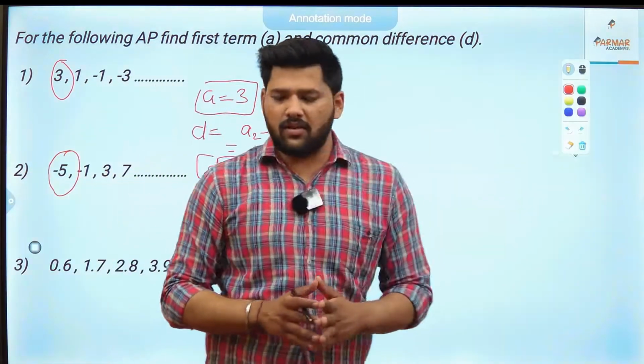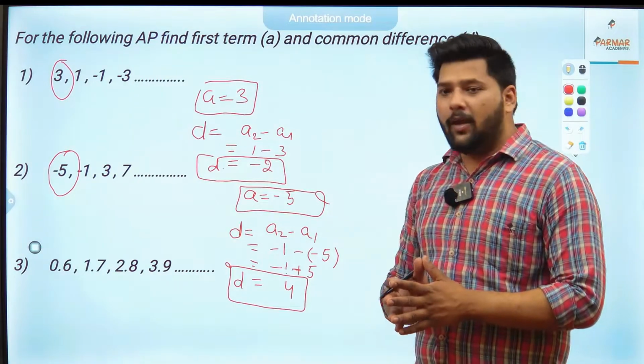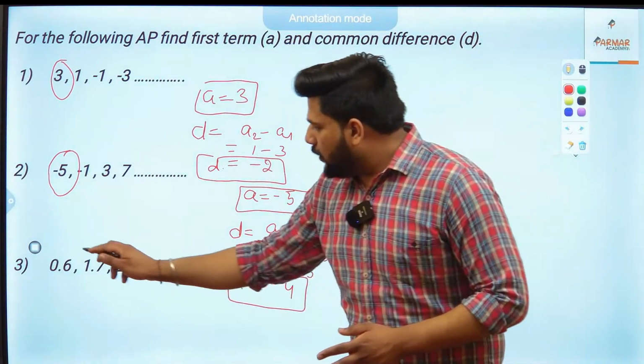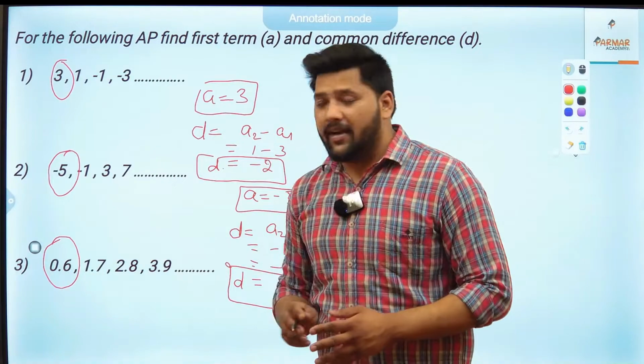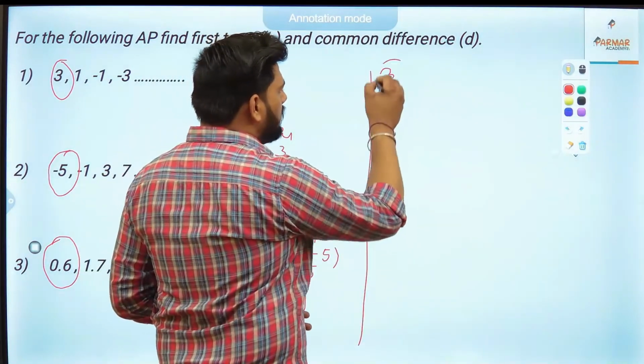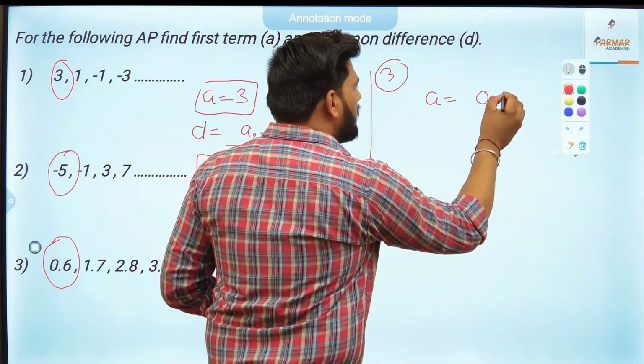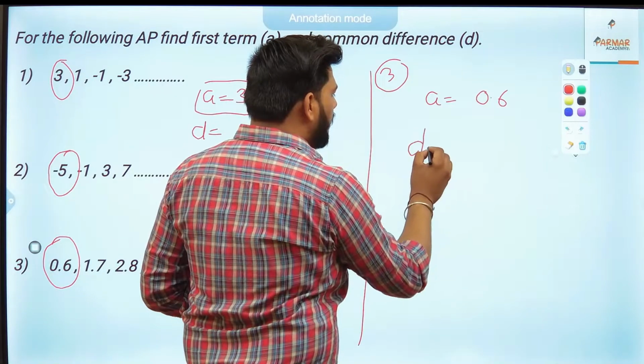For the next sequence, that is 0.6, 1.7, 2.8 and 3.9, simply 0.6 is the first term, the value of A. And how to find the difference?